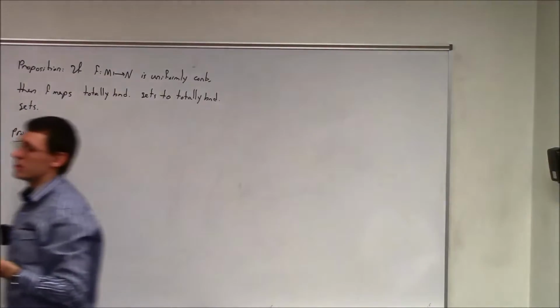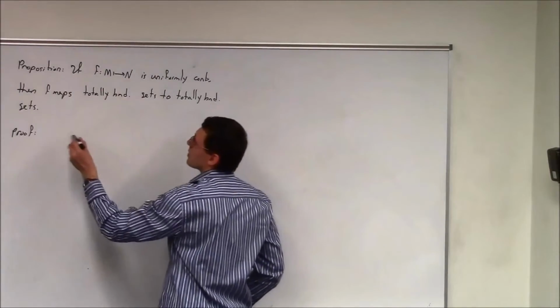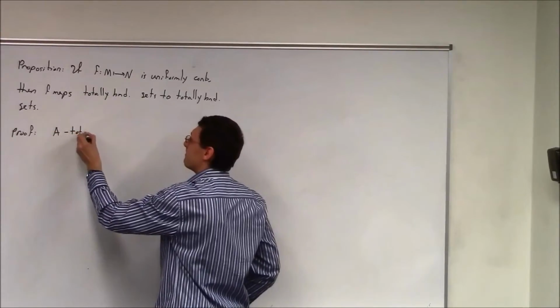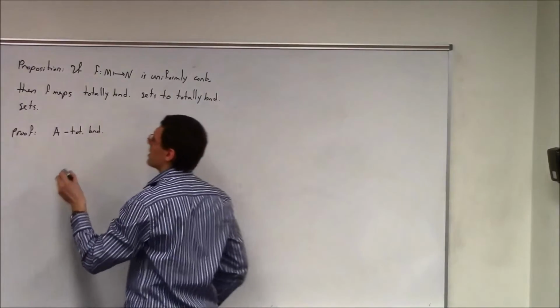Proof. So the proof is not terribly difficult. We assume that the function is uniformly continuous, and we take a totally bounded set A. Then what we want to show is that f of A is totally bounded.